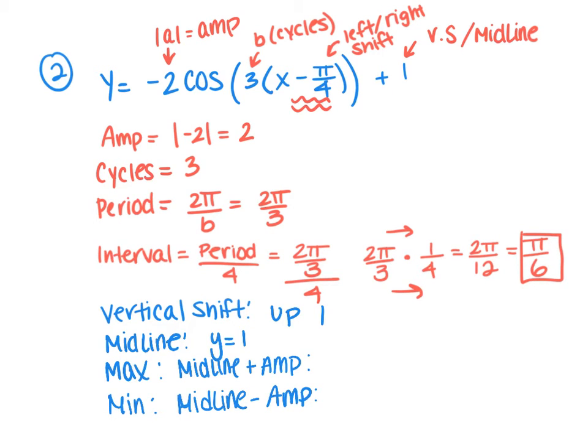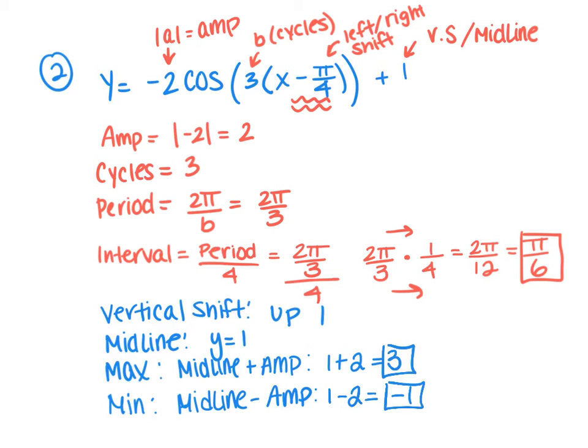So my midline is 1 and my amplitude is 2, right? So midline is 1, amplitude is 2. So 1 plus 2 is 3. That's my max value. My min value is my midline, 1 minus my amplitude. 1 minus 2 is negative 1.